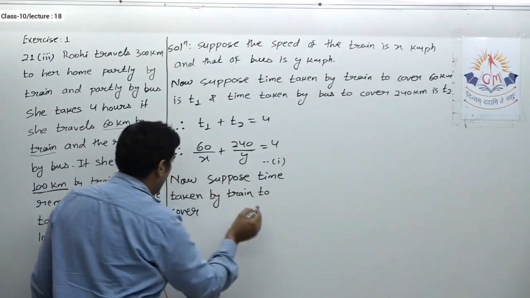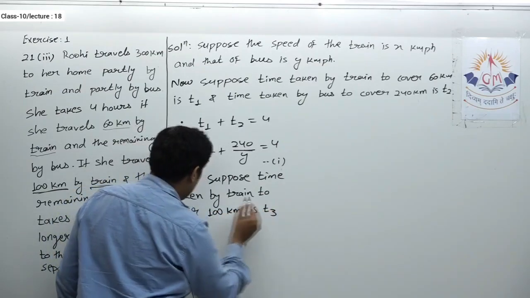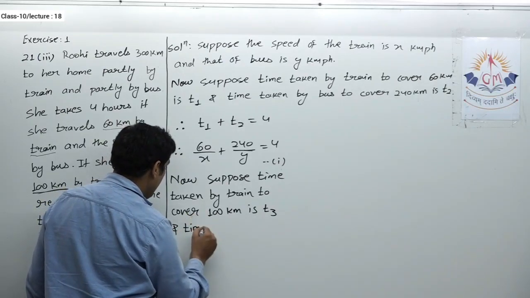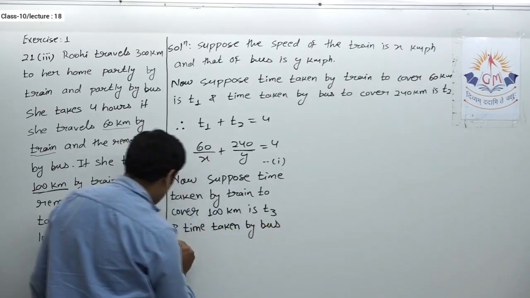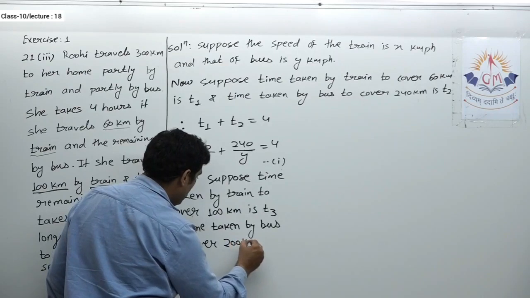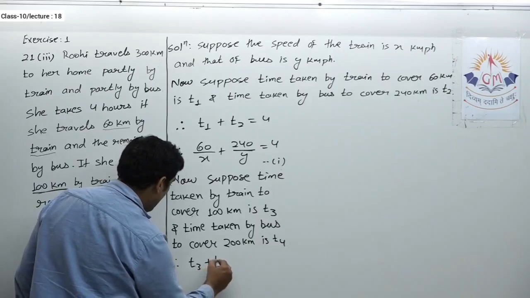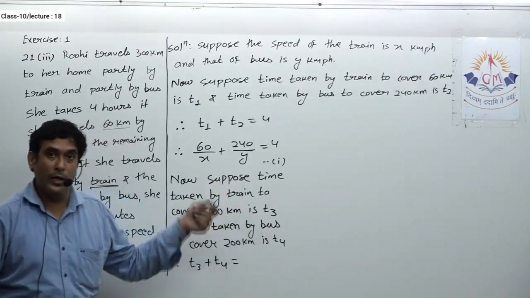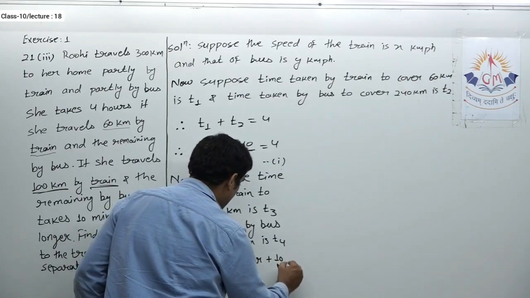So suppose the time taken by train to cover 100 kilometers is T3 and the time taken by bus to cover the remaining 200 kilometers is T4. Therefore T3 plus T4 is equal to, this time it takes 10 minutes longer, that means 4 hours plus 10 minutes.